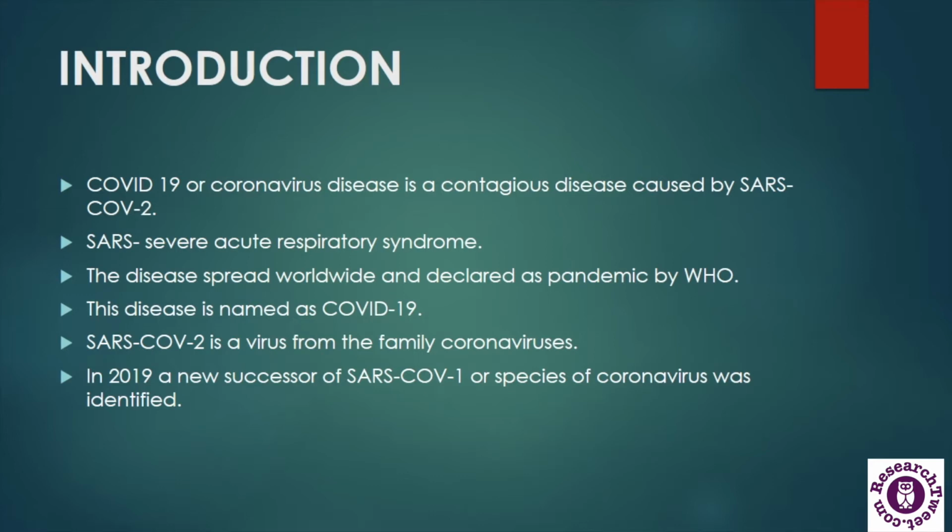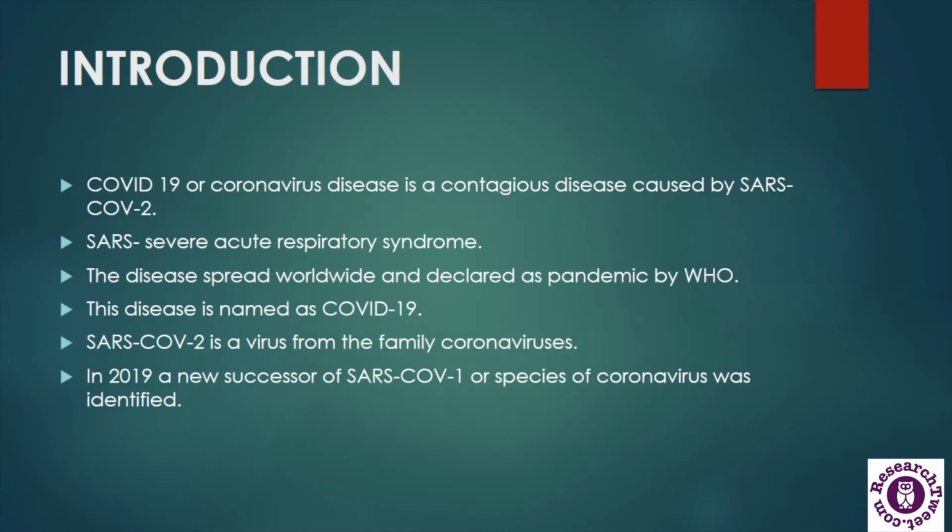In 2019, a new species or a new mutant of coronavirus was identified in the city of China, and it caused a disease named COVID-19. Later, this disease spread worldwide and was declared a pandemic by WHO in March 2020.